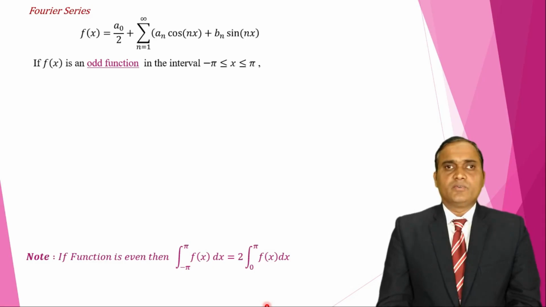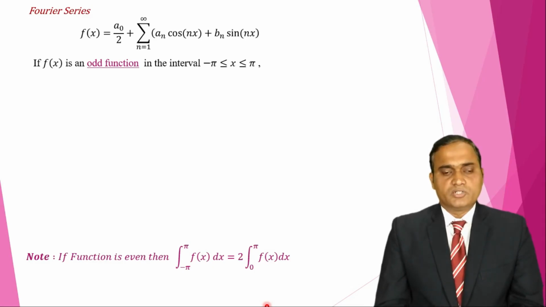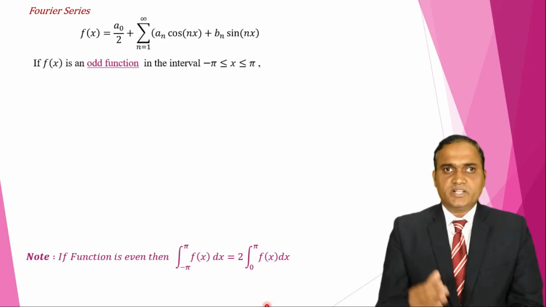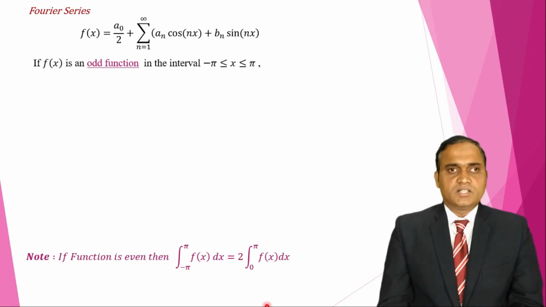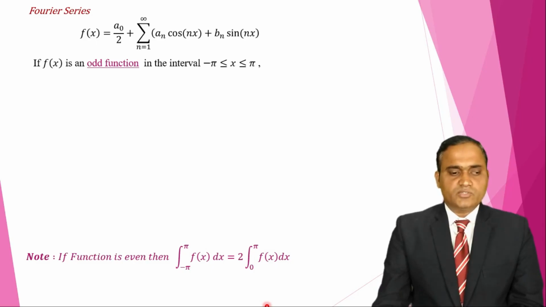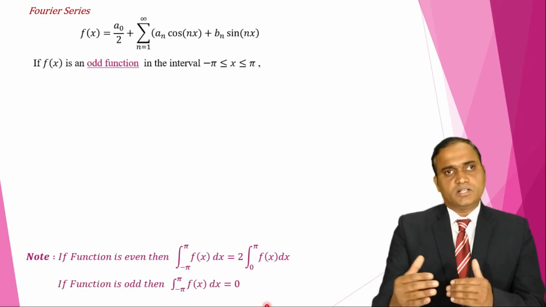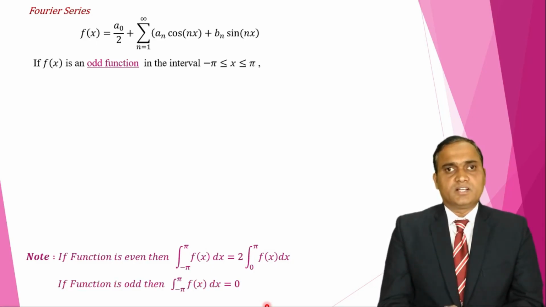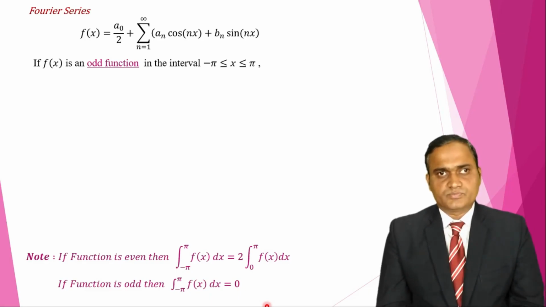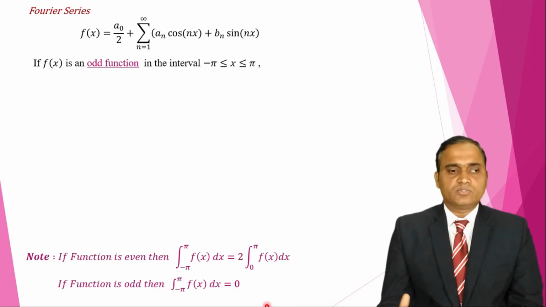So we can find the integration over the interval 0 to pi only. So the integration over minus pi to pi is nothing but 2 times 0 to pi. If the function is odd, we know that the integral in the interval minus pi to pi is 0.